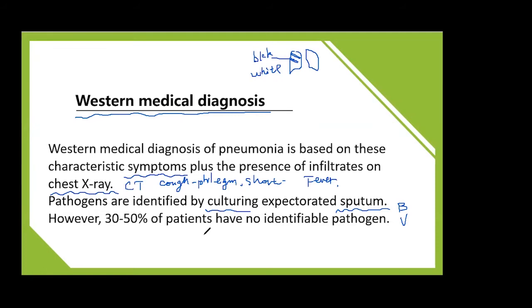So we culture the phlegm, and then we can find what kind of bacteria or what kind of virus is in there. So that's basically symptoms plus laboratory tests plus some imaging examination, and then we get a diagnosis for pneumonia.